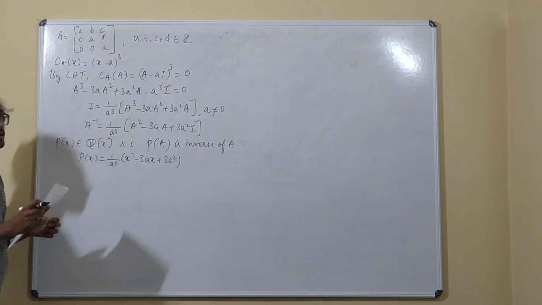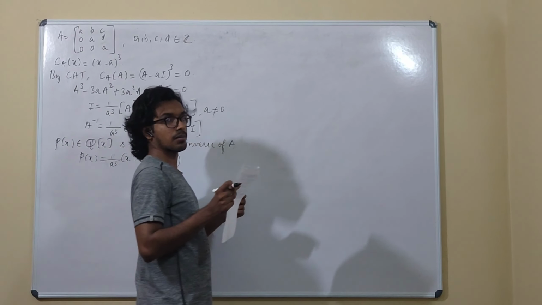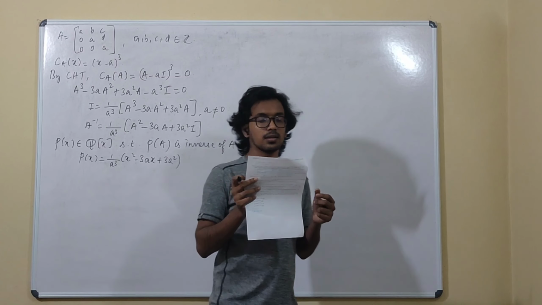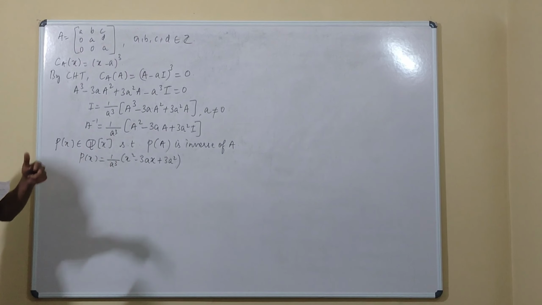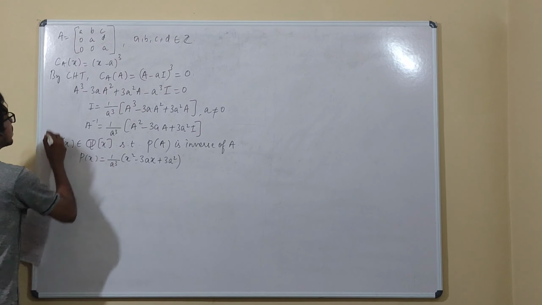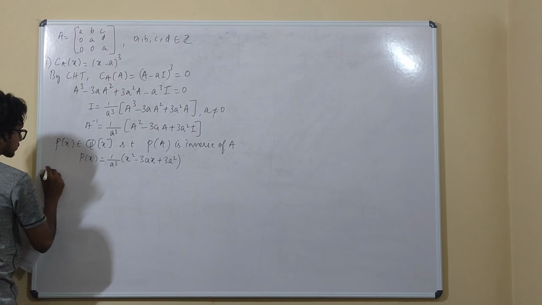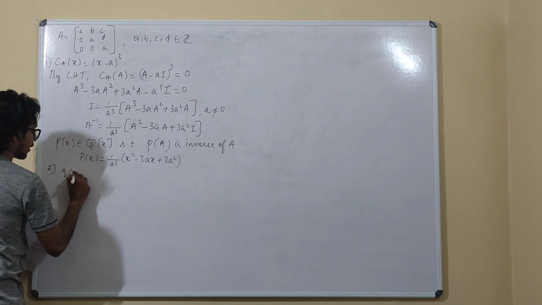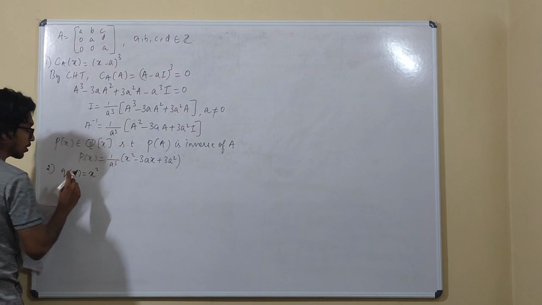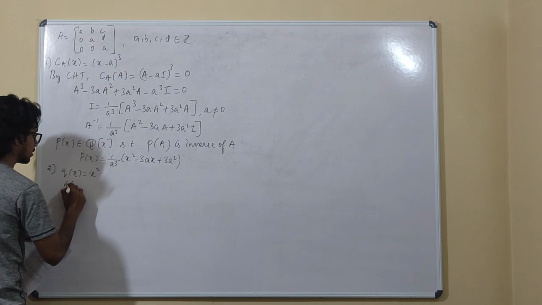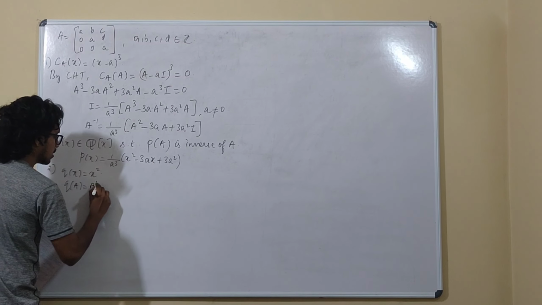Next, in the second option, it is given that for any polynomial that we take from Z of x, we get Q of A to be equal to some matrix that is given. Let us choose Q of x to be equal to x squared. Now let us check what is Q of A. That is A squared.